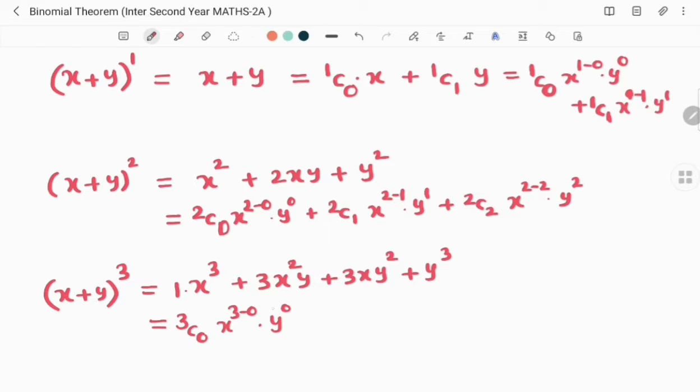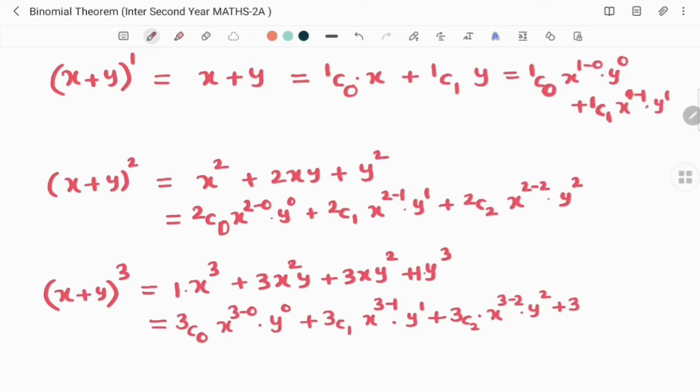Plus 3 can be written as 3c1, x square as x power 3 minus 1, into y power 1, plus 3c2, also 3, x power 3 minus 2 into y power 2, plus 1 into y cube.